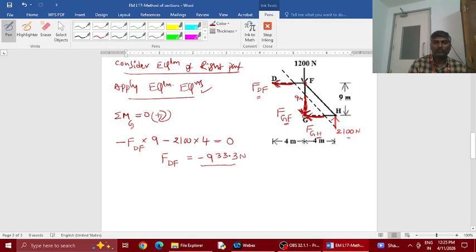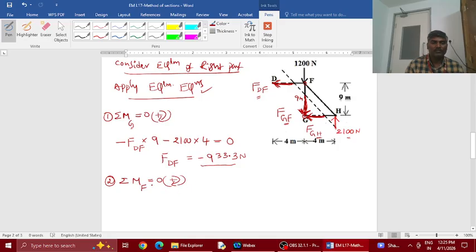Now choose F as moment center. This is the second equation you are applying, sigma M_F is equal to 0. Any direction as positive, either clockwise or anti-clockwise.